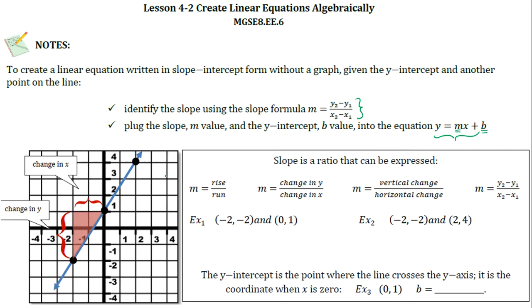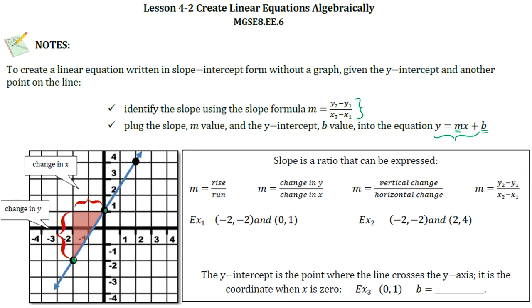Before we try out the formula for slope, let's recall finding slope from a graph. Here we have a linear function and we have 3 points identified. We're going to see how many units it takes to get from this point to this point.